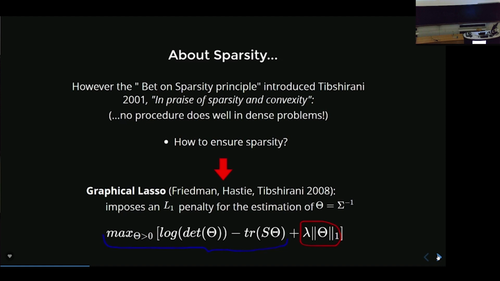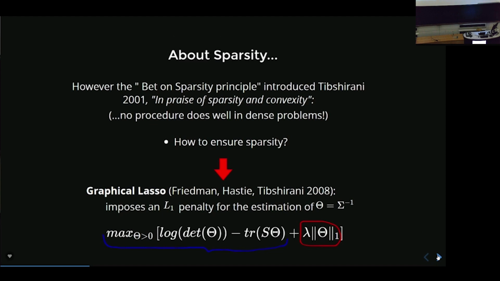And there have been many approaches to solve the problem of the inference of this precision matrix. One of the most famous is the graphical lasso. The package is called GLasso in many platforms. What they do is solve the maximum likelihood associated to the model, and they add an L1 penalty, and this is done to ensure sparsity.